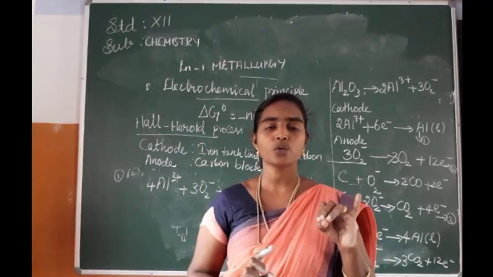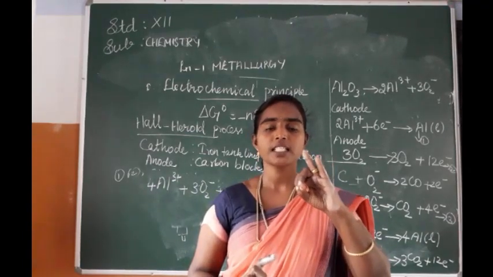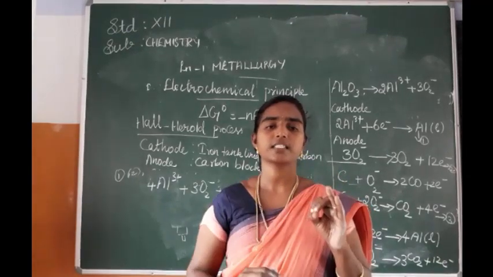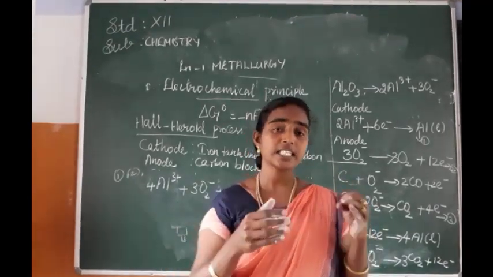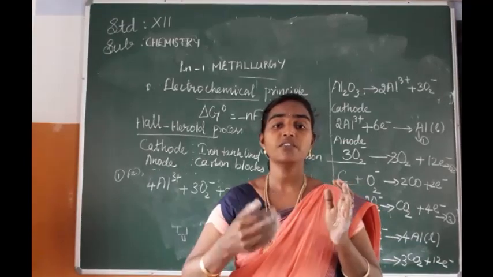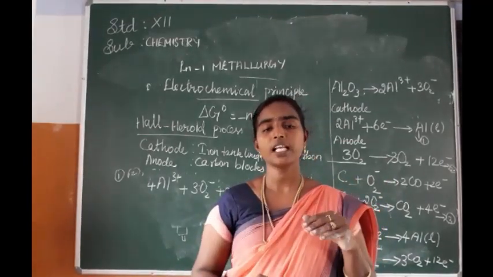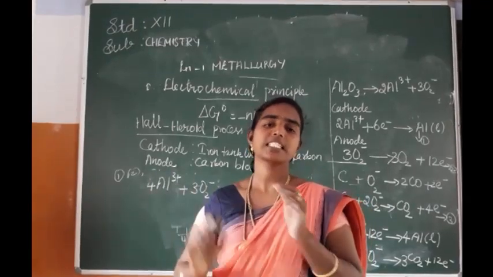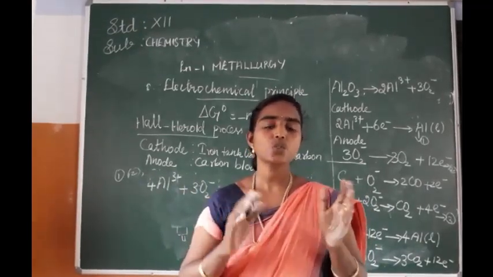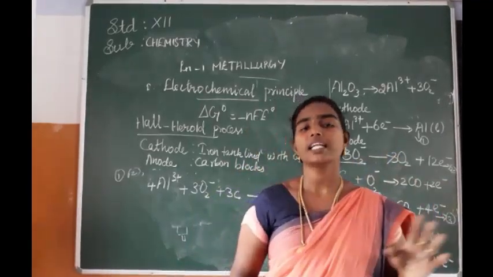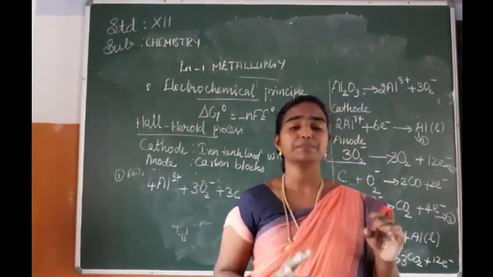If it is a 2 mark question, we have to write the examples also: zinc blende ZnS, galena PbS. Then the frothing agent: pine oil or eucalyptus oil. Collector: sodium ethyl xanthate. Depressing agent: sodium cyanide. These are the important terms you should understand and study. Okay.